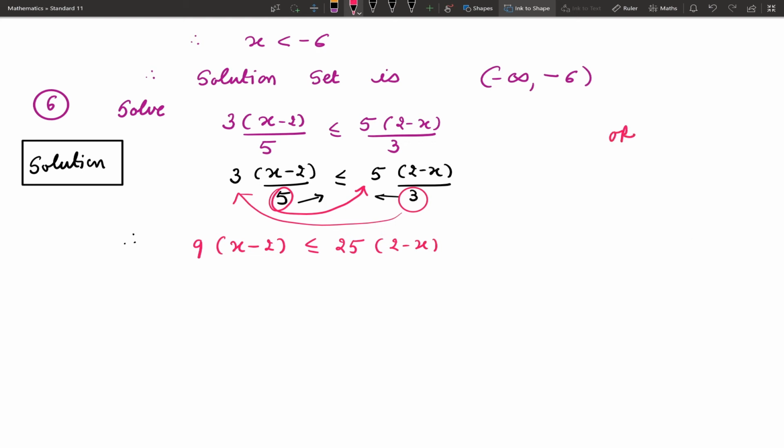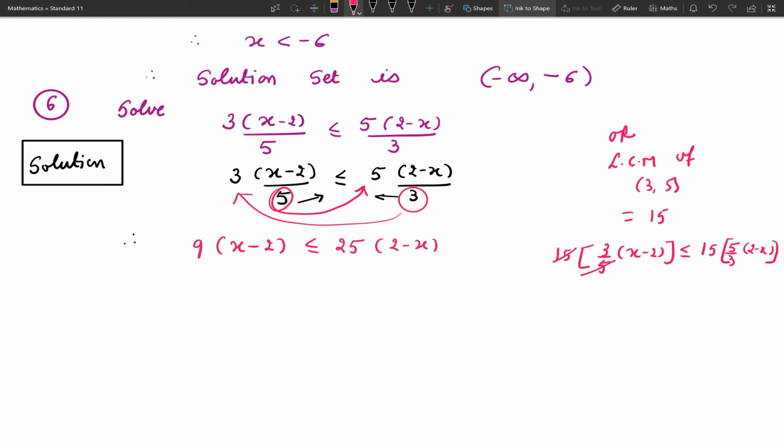Or LCM of 3 and 5, it is 15. So multiplied both sides by 15. So 15 into 3 by 5 into x minus 2, less than or equal to 15 into 5 by 3 into 2 minus x.